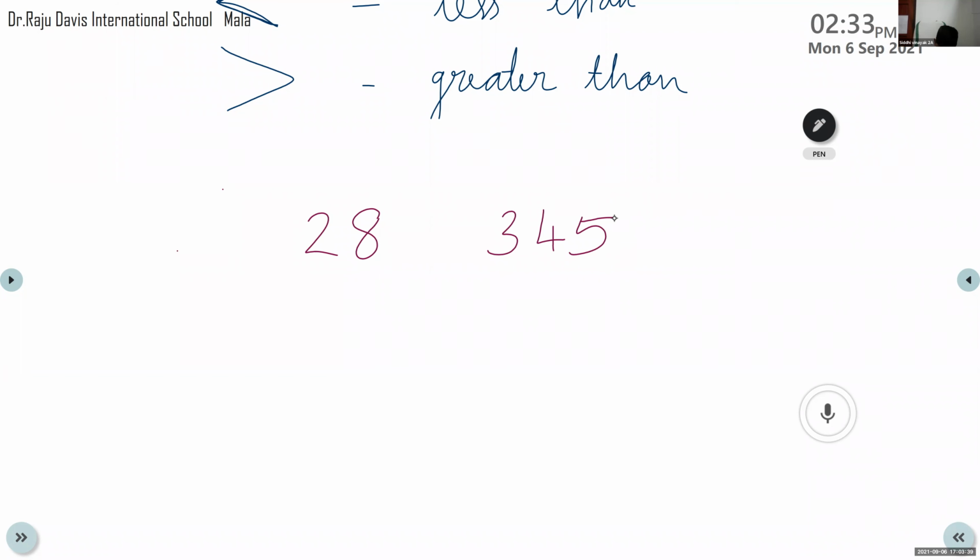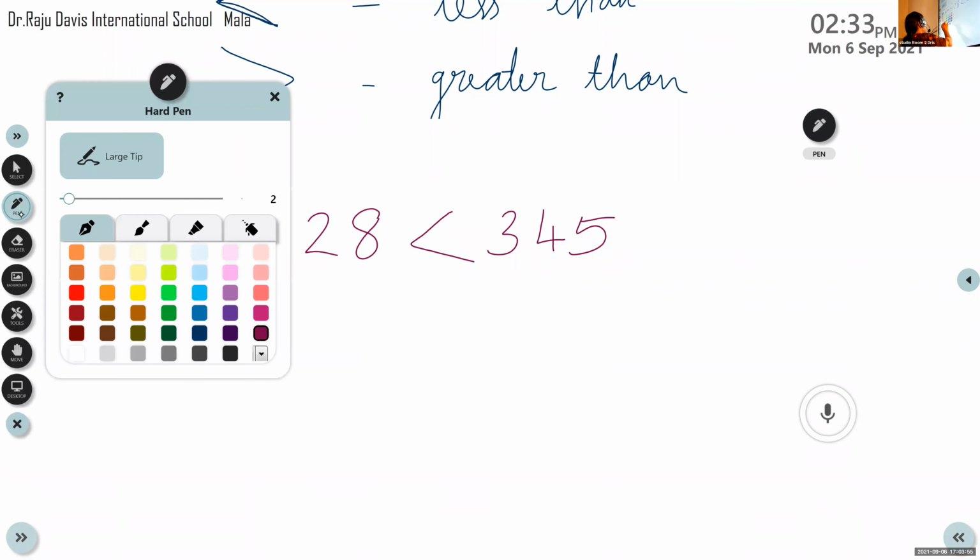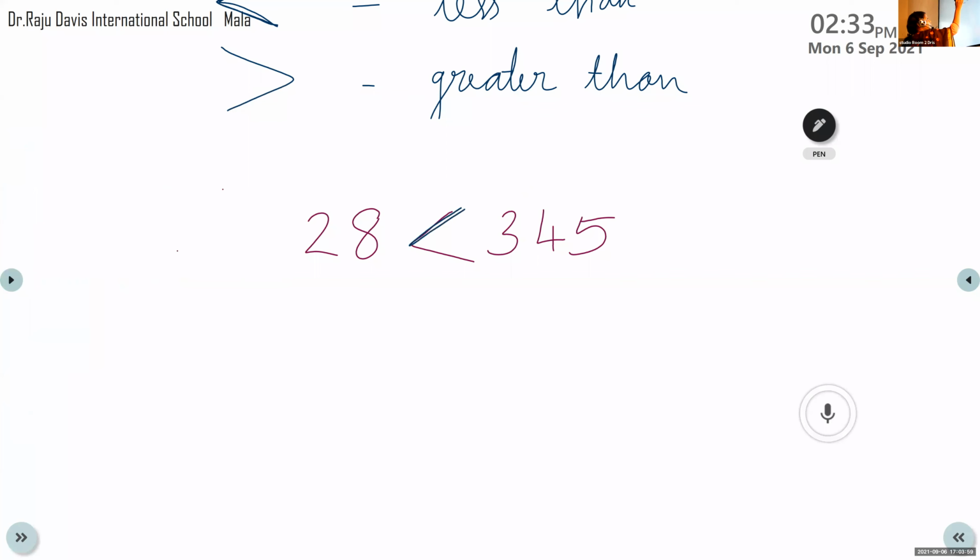Which is the smaller number? 28. Very simple. 28 is smaller than 345. We can say 28 is less than 345.